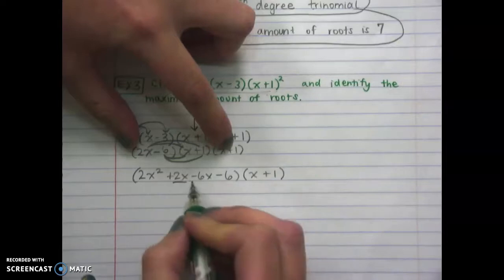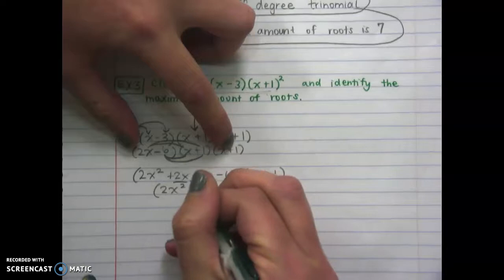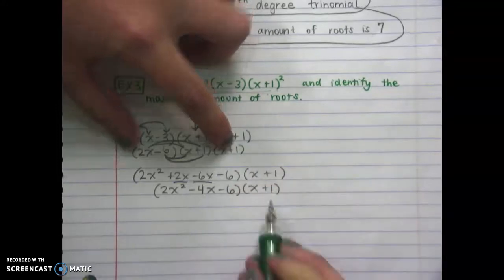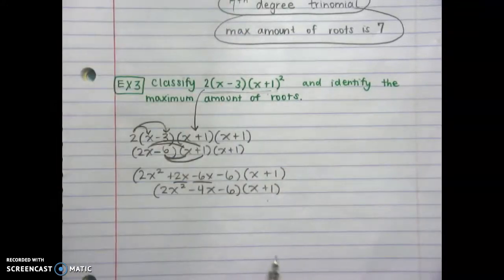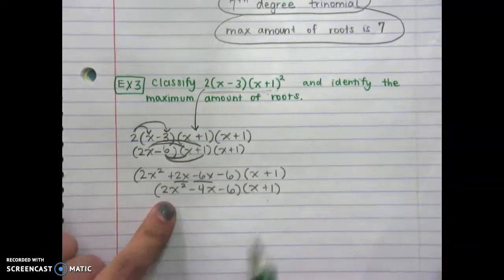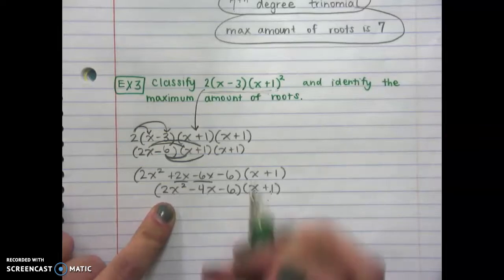I'm going to then combine like terms. So this becomes a trinomial. 2x minus 6x, negative 4x. Still multiplied by that binomial. And then we have to triple distribute. I have to distribute 2x squared to both terms, negative 4x to both terms, and negative 6 to both terms.